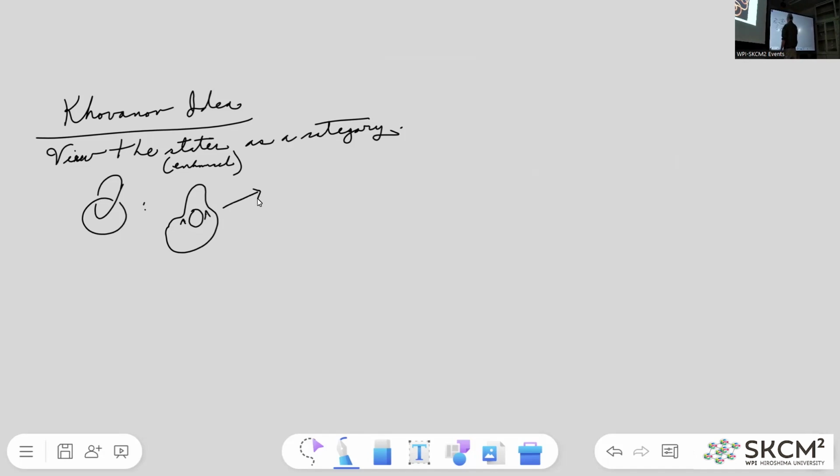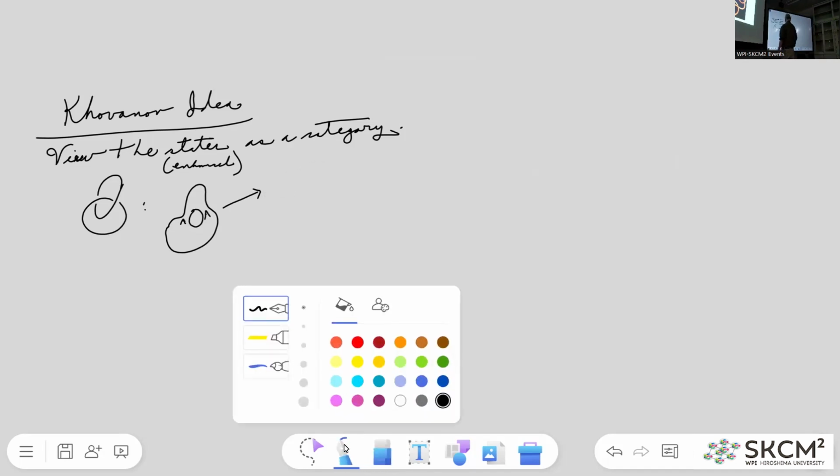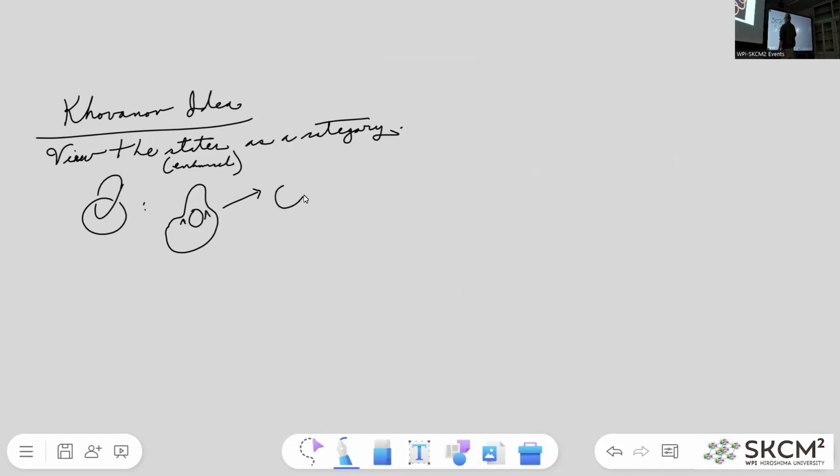And then I could smooth one of them or the other one, make it into a B. So I'm going to take this A and turn it into a B, and leave this one an A. Or I'm going to take this A and turn it into a B, leave this one an A. Or I'm going to take them both and turn them into B's.